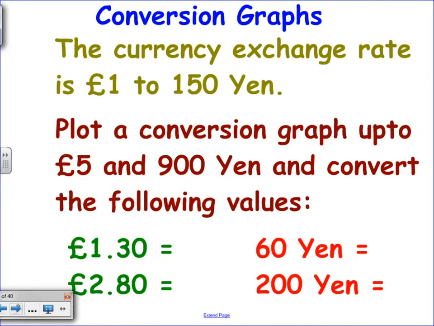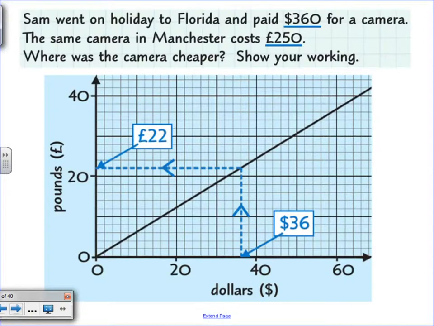What I'd like you to do is do a conversion graph for me and give me some values. So you're working in a travel agent, let's say, and I want you to plot a currency graph for pounds to yen. Just to show you how they'll ask you the questions, it's the kind of exchange rate questions where John goes off and buys a camera, and in Florida it's $360, and in Manchester Airport before he goes it's 250 quid.